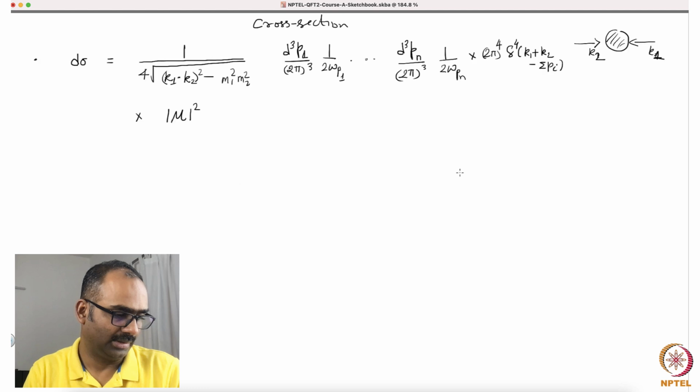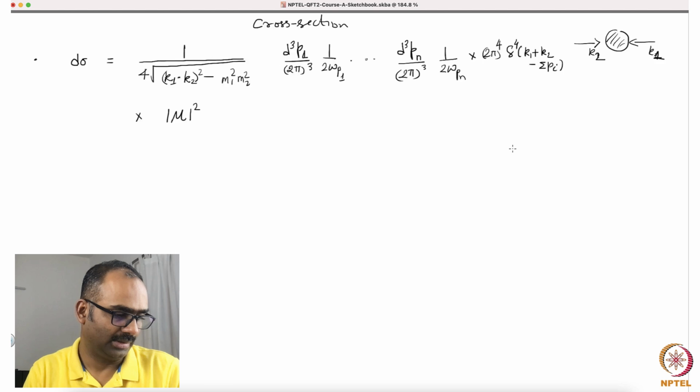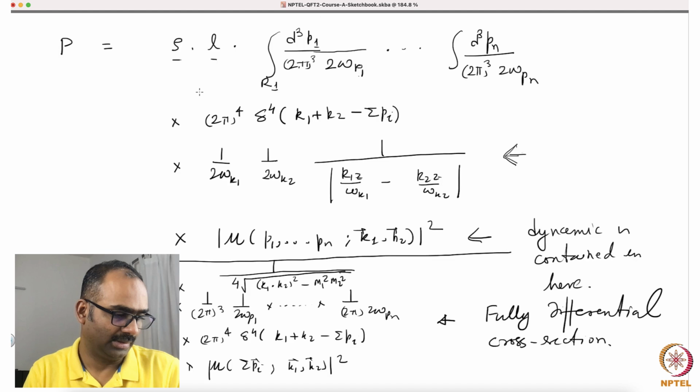You should not think this object is Lorentz invariant, even though the way it is written it looks Lorentz invariant. This line is equal to this factor only when k1 and k2 are parallel to each other, collinear momenta, not otherwise.